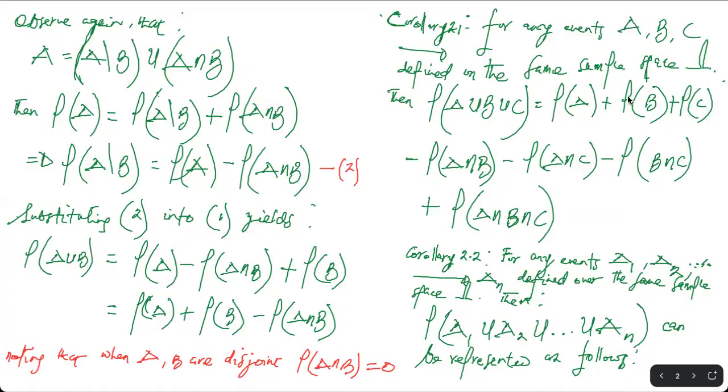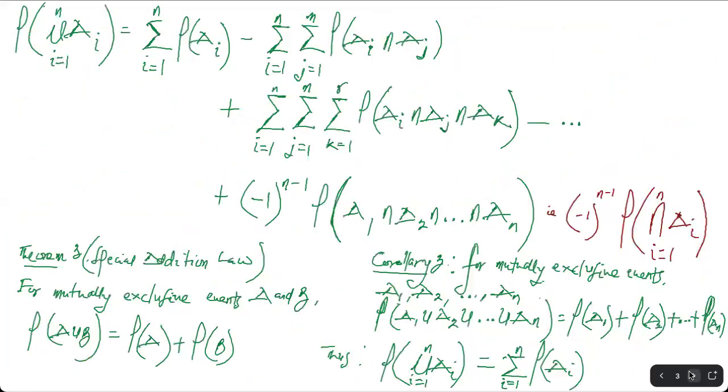So we can generalize this general addition law by Corollary 2.1 and then Corollary 2.2 for the case of three events A, B, C, and then the n case where you have A1, A2, all the way to An. And I've given you sketches of the proof. So this is a corollary.